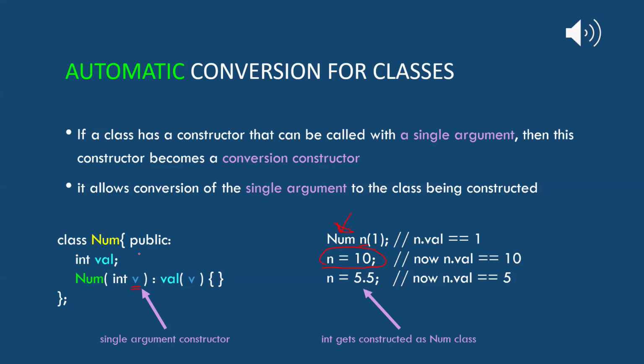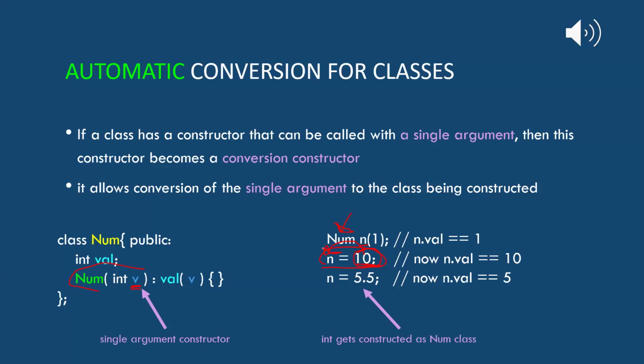Well, it's basically going to say, hey, I am just an integer and you have a constructor that just takes an integer. So I'm just going to call your constructor and create a copy and then call your assignment operator, right? So it's going to basically create an instance out of this and then copy it over, all automatically.